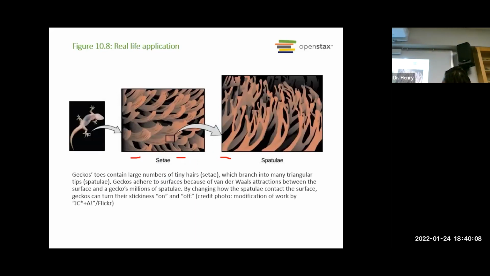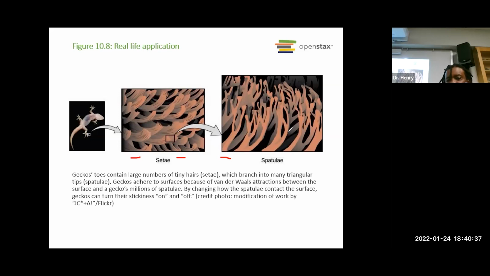Okay, so in real life, how does this work? We take a look at the gecko's feet. The gecko has setae, and these actually form what are called spatulas. All of these little hair-like fibers, the more that we have, the better we stick.